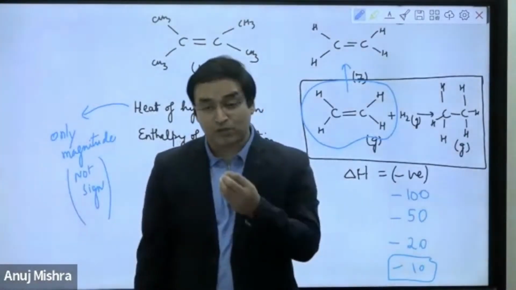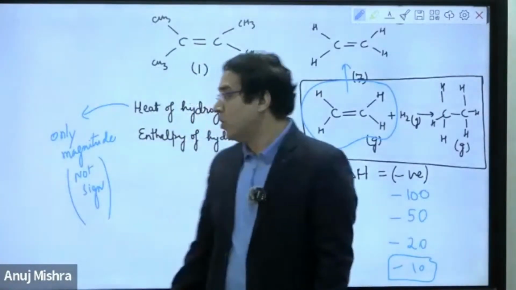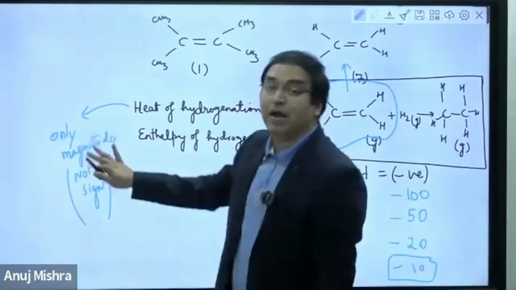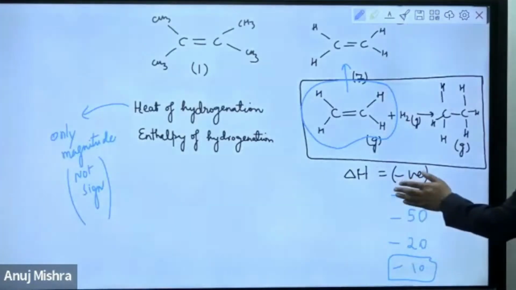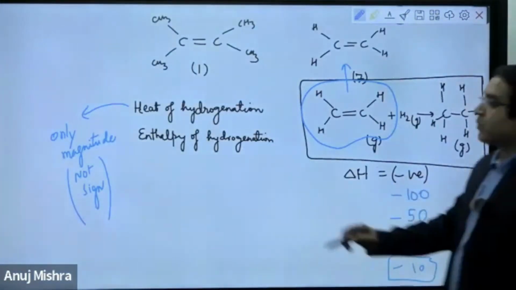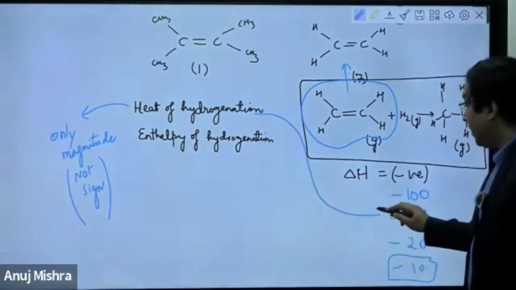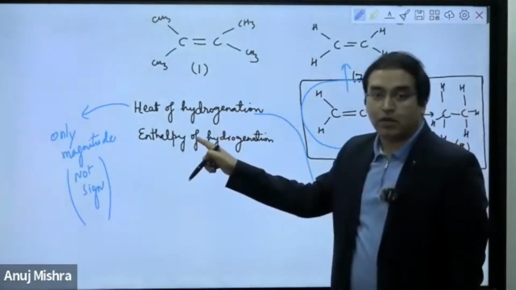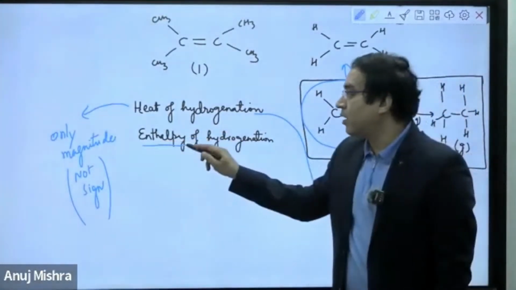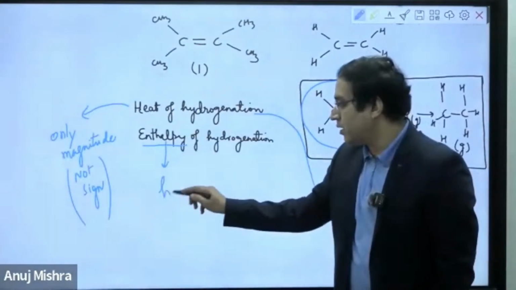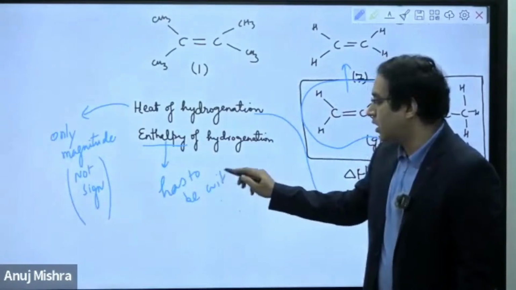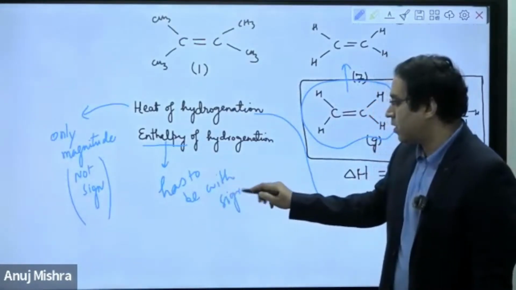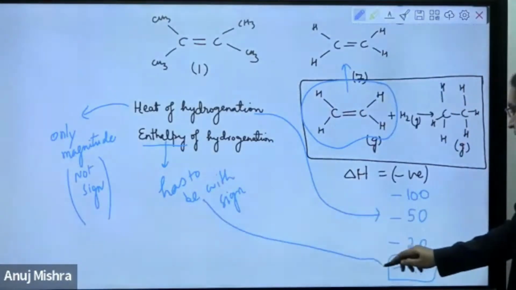So you should know that only magnitude has to be considered. Basically, you will say 100 is better than 10 if this question comes. But if the word enthalpy is used, it has to be with sign. If someone still does not use the sign, that person is wrong.